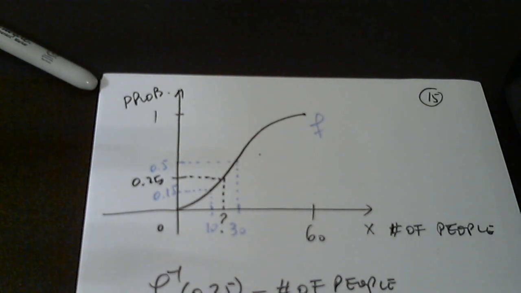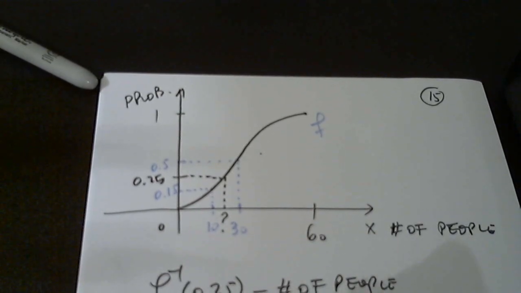Roughly. I know it's difficult to read. 0.25 is somewhere here. What will you say roughly? Maybe like 14 or 15. Perfect. So f inverse of 0.25 is 14 or 15 people.